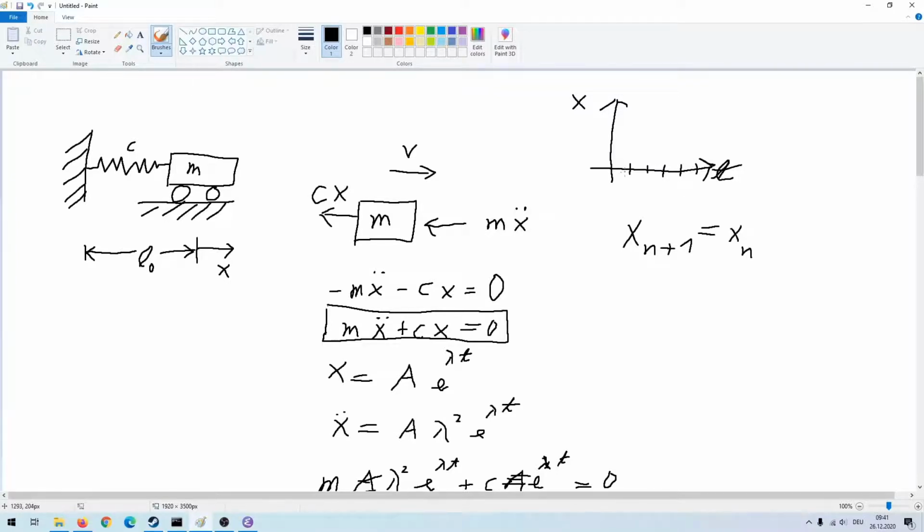We can only observe specific discrete moments in time. So we have our current position, our current time step, which is n, and this was our position.